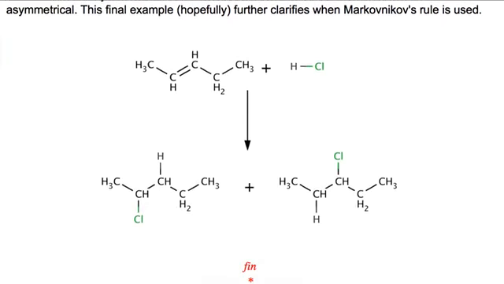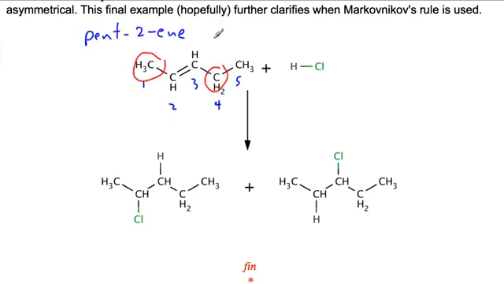If we look at this organic reactant, what's it called? Well, it's 5 carbons, and there's a double bond going from carbon 2 to carbon 3, so this would be known as pent-2-ene. In terms of symmetry around that double bond, it looks asymmetrical, but how many carbons are bonded to the carbons of the double bond? There's still actually only one.